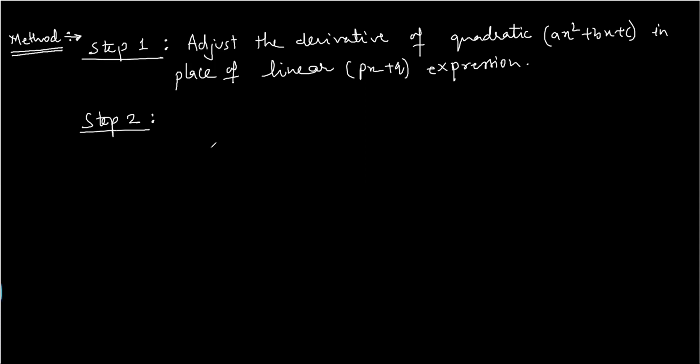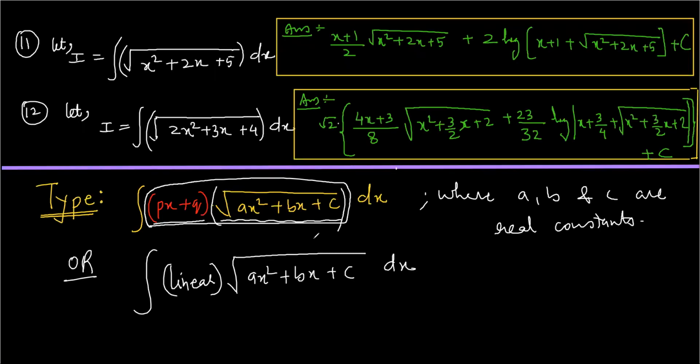Then you split the denominator for the derivative of quadratic in those earlier two types, where you had linear upon quadratic and linear upon root quadratic. But here you do not have a quadratic in the denominator. Here you have the root quadratic in the numerator, so there will be no separation as such. I will write what it will be.